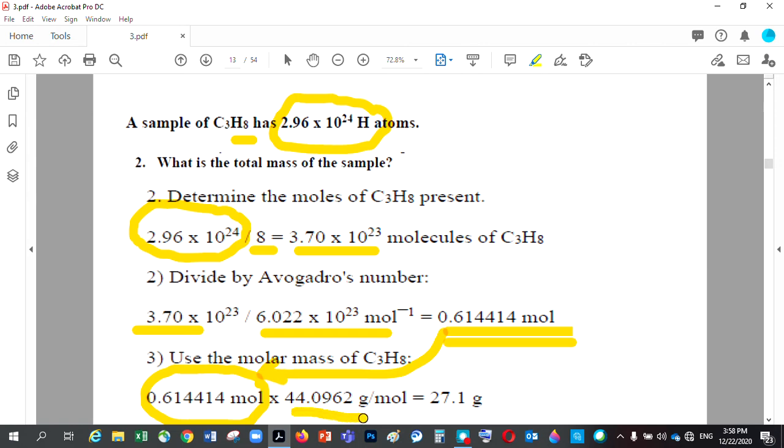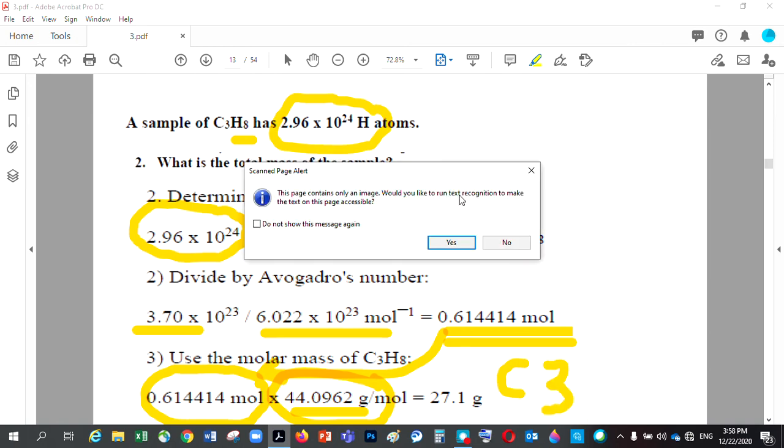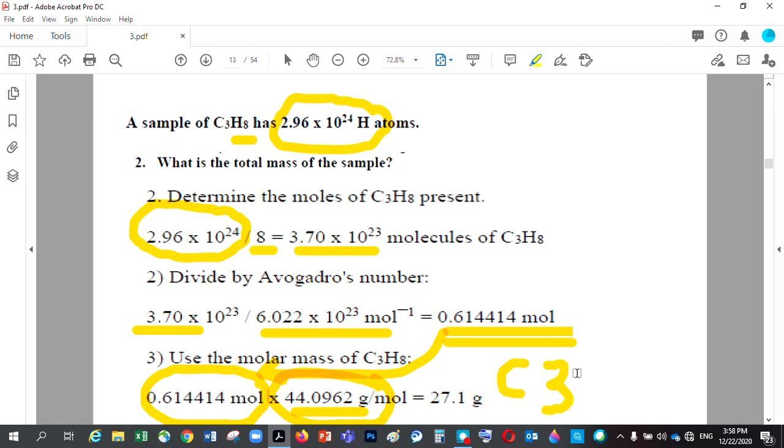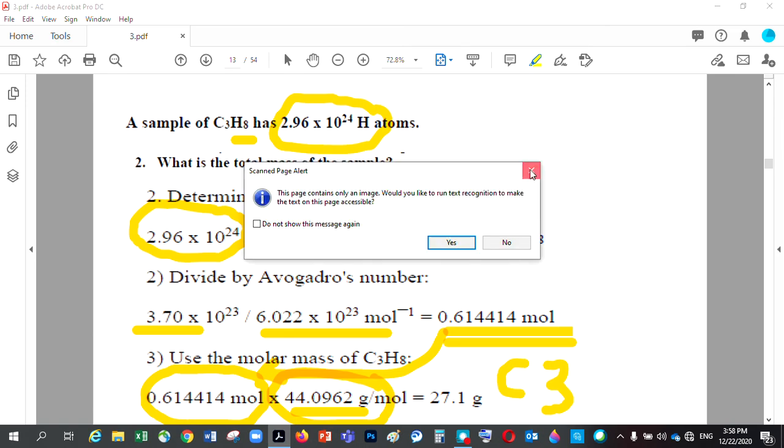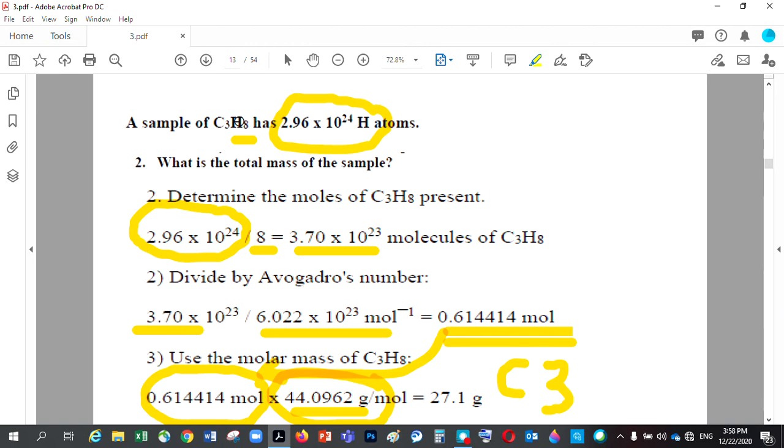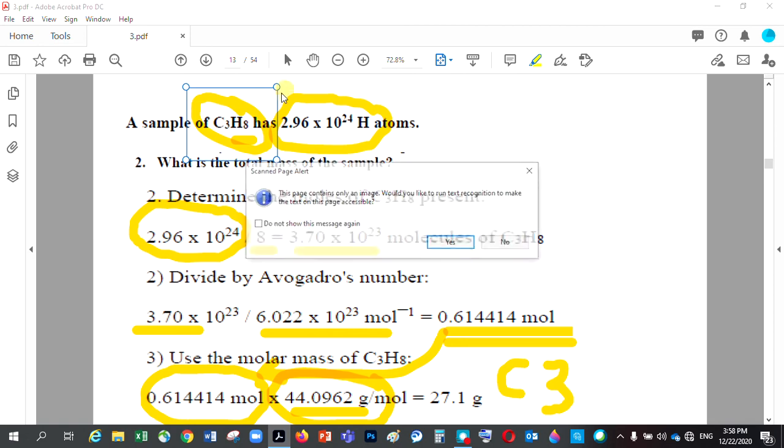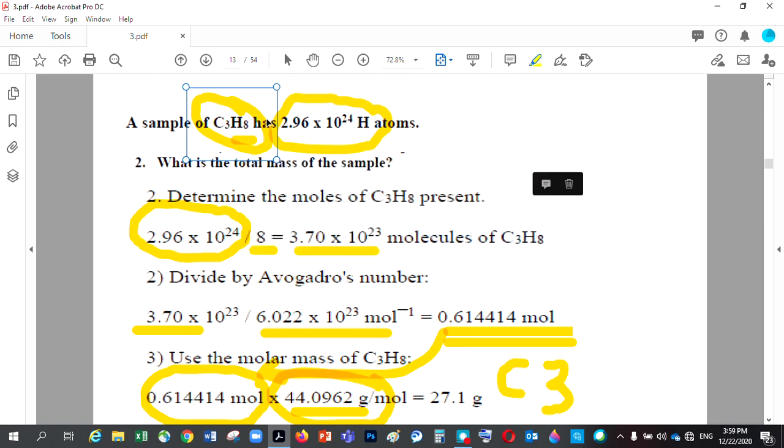Then you have to multiply it by the molar mass of C3H8. So this value here is coming from C3H8. Let me see here.